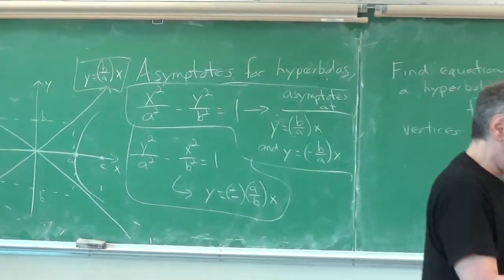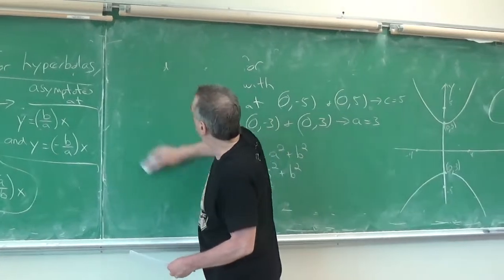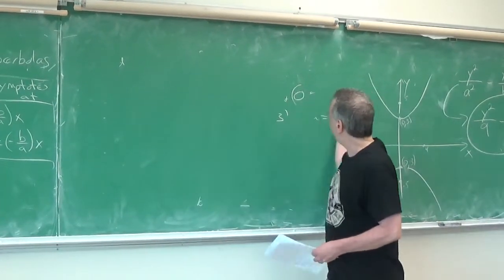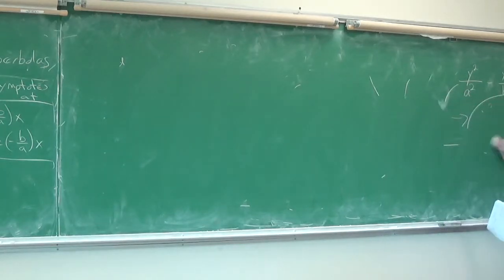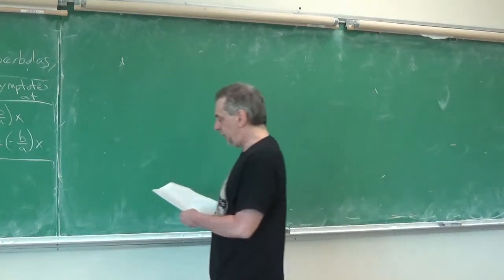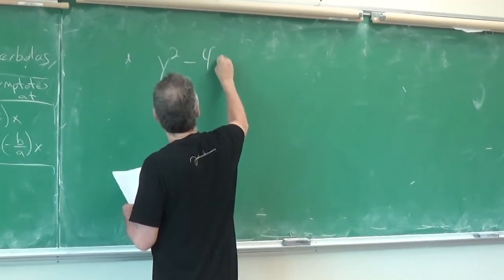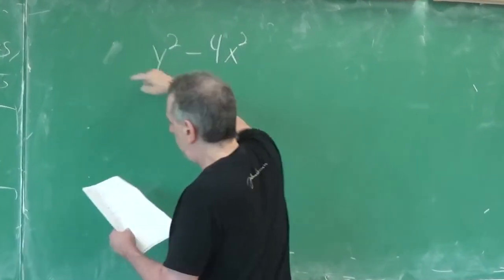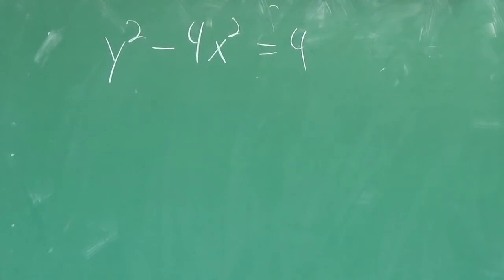Okay, let's see. One more thing here, again, just like in the last section, sometimes we have to do a little bit of work to get the equation into the standard form so that we can graph it or look at it in whatever way we wish to. So something like this, if you're asked to graph this equation. All right, so we're told this is a hyperbola, but it's not in the form that we want.